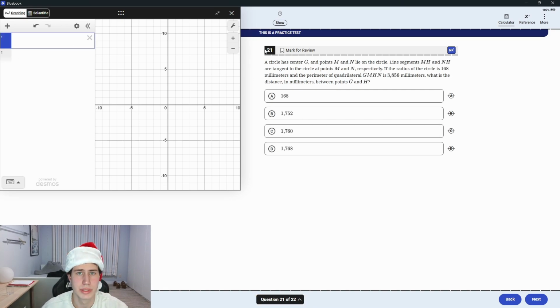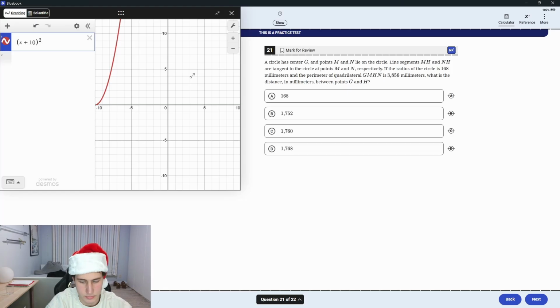So, this is essentially giving us a circle that we have to start with. So, let's start by graphing a circle. So, we'll do x plus, just call it 10, squared plus y plus 10 squared equals 100.